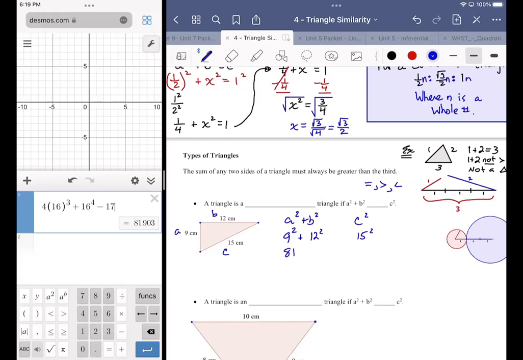You can chuck it in a calculator if you want. 144 is 12 squared. 225 is 15 squared. All right. 81 plus 144 happens to be 225. So the relationship here is that these are all equal.